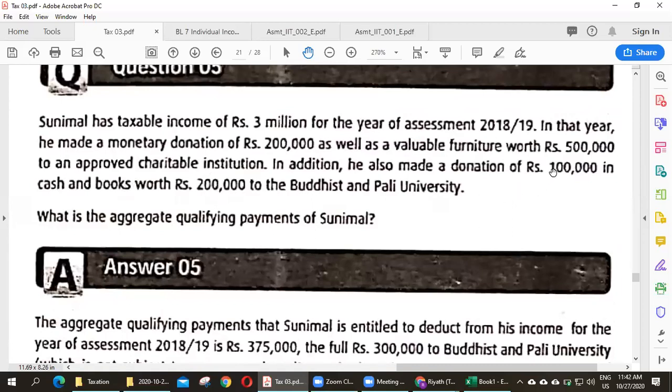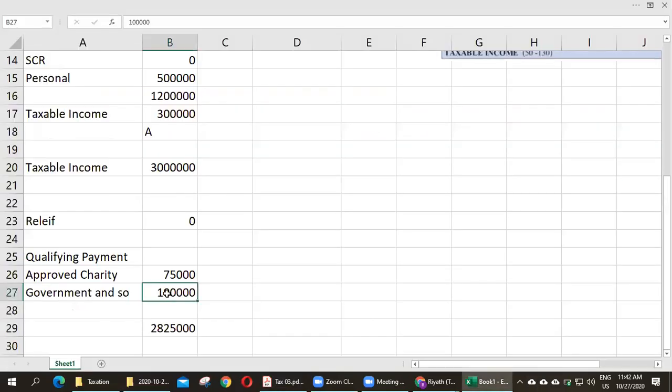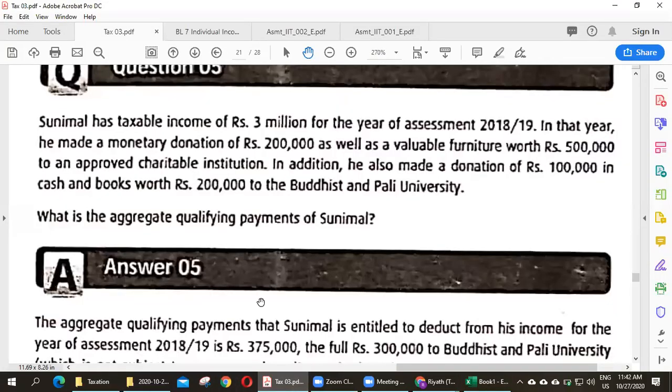Total how much? 100,000 plus 200,000, 300,000, right? He is eligible to claim 375,000, right? Yes.